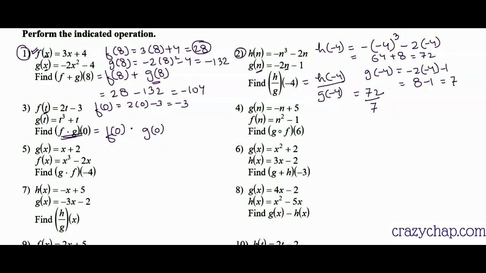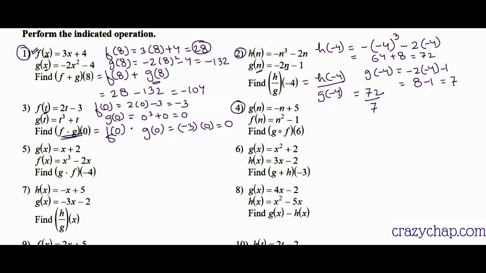And then to find the g(0) value, we get 0 cubed plus 0, which is basically 0. And then we plug in the values. So the f(0) value is negative 3 times the g(0) value, which is 0. So negative 3 times 0 is just 0. Hope it is clear.